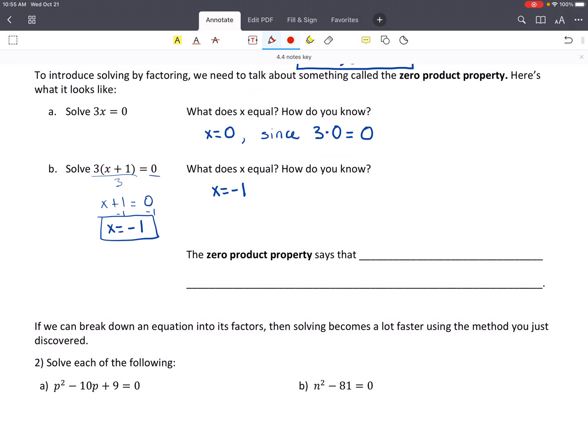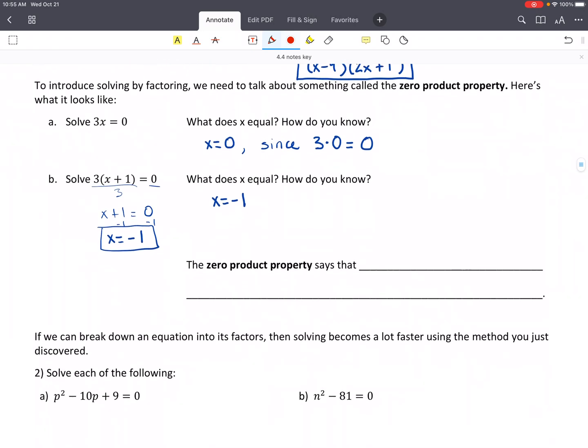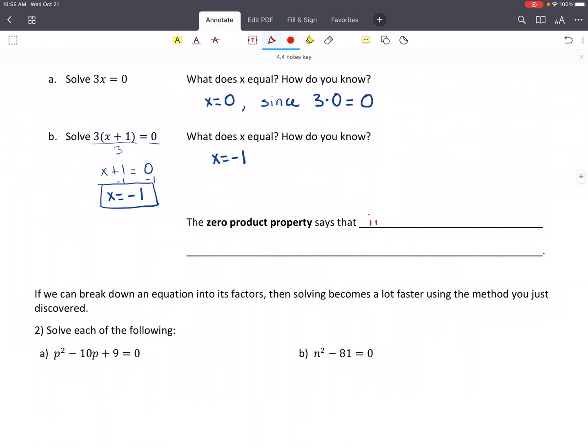So basically this says that if two things multiply to be 0, so I'm going to write it as a times b equals 0, then either a equals 0 or b equals 0.